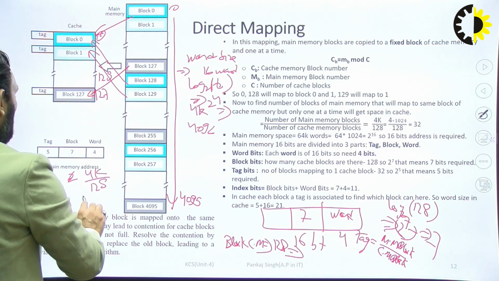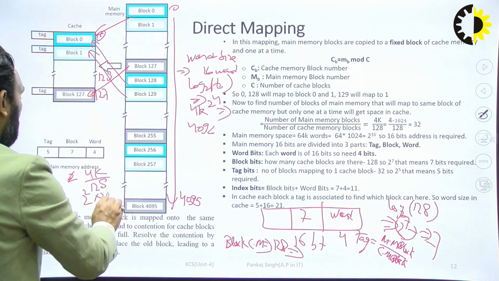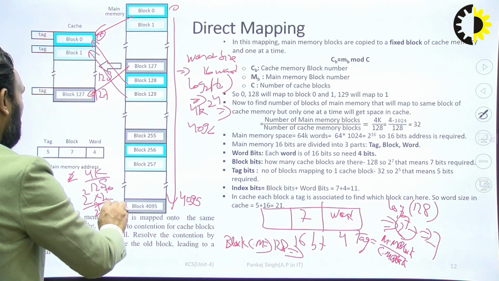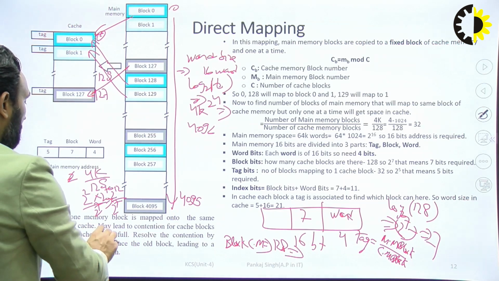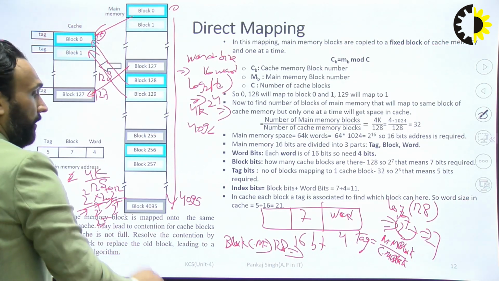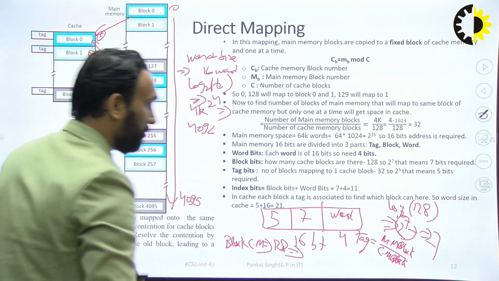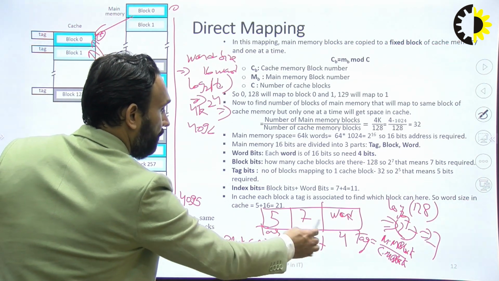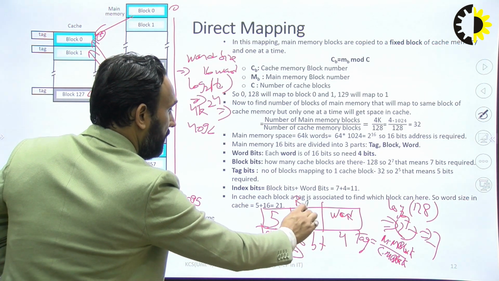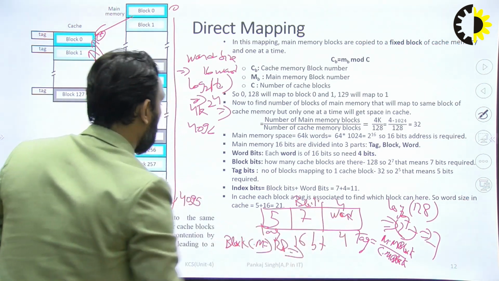That will be 2 to the power 2 into 2 to the power 10 divided by 2 to the power 7, that is 2 to the power 12 divided by 2 to the power 7, that is 2 to the power 5. So here we have tag 5 bits, block 7 bits and word 4 bits.